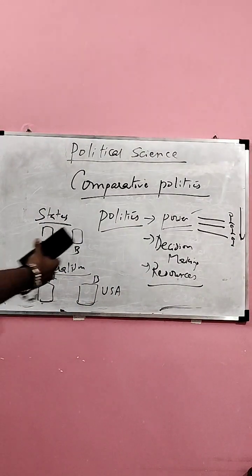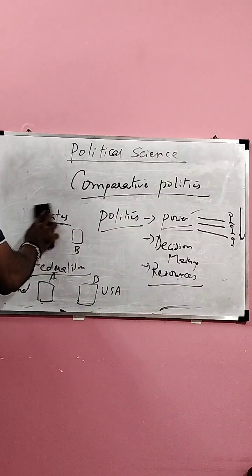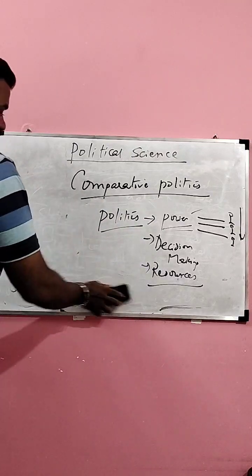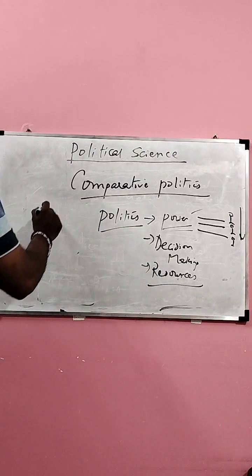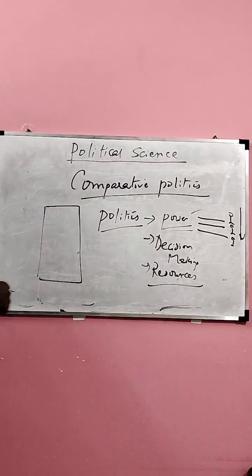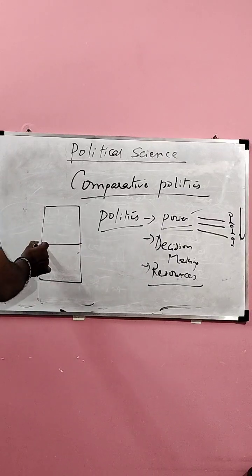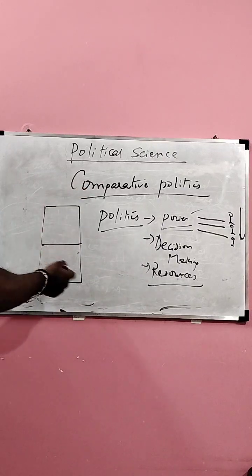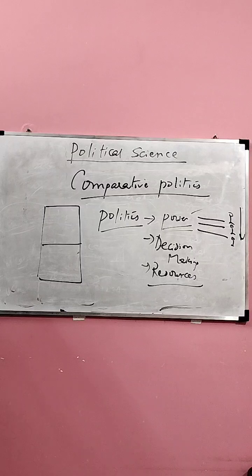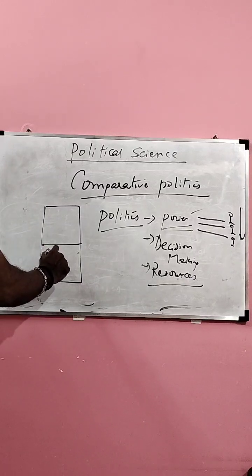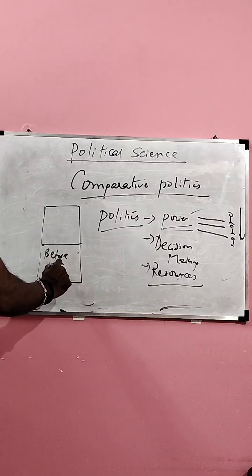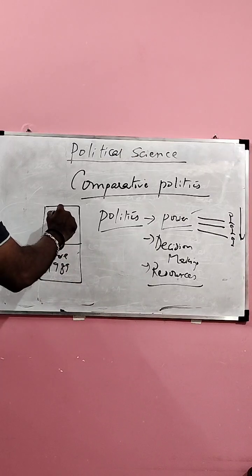Apart from this, we can go for comparison within a state. We can take India, and we can go for comparison within India based on a concept. For example, we can compare federalism within India before 1989 and after 1989.